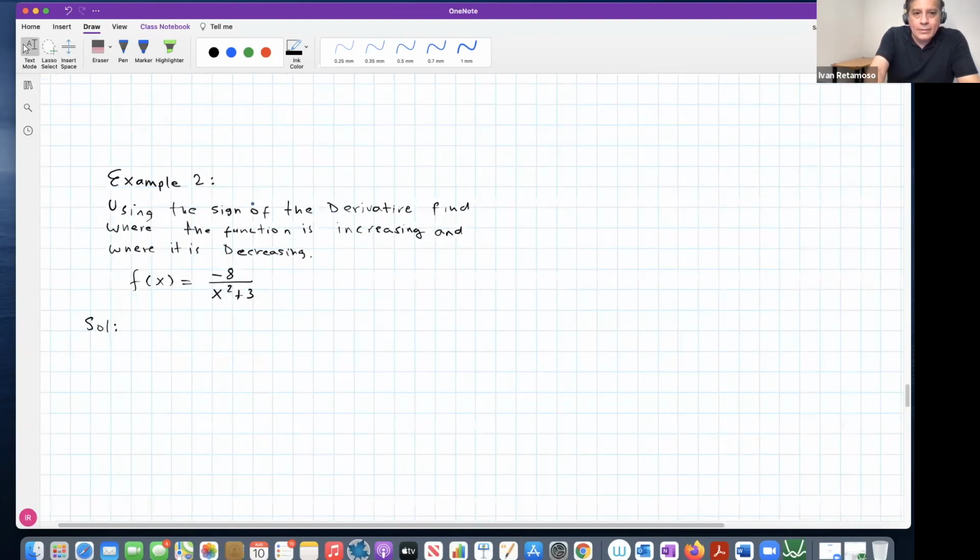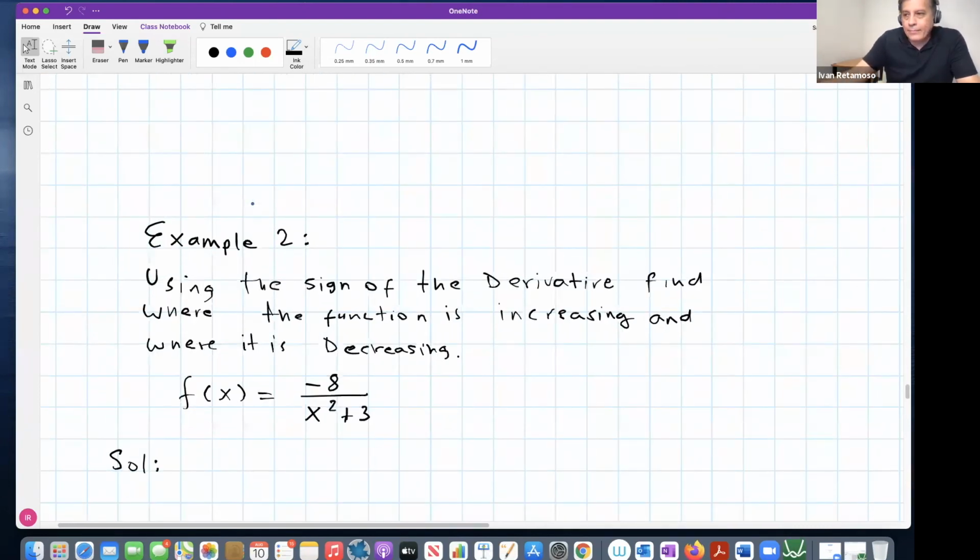Yeah, this. Using the signs of the derivative, figure out where this function is increasing and where this function is decreasing. The function is given by this formula, f of x equals -8 over x squared plus 3, okay?